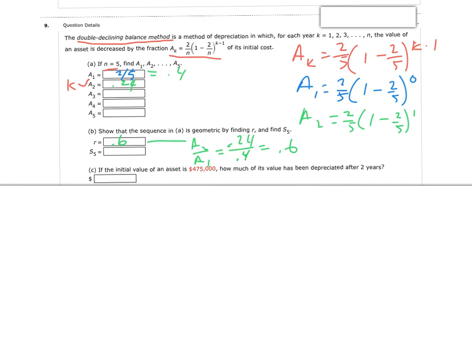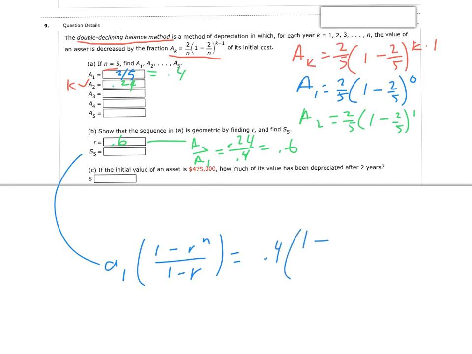And so that allows me to find the sum of the first 5 terms by using the formula we used last one, a1 times 1 minus r to the n over 1 minus r. So that would be a sub 1 is 0.4 times 1 minus 0.6 to the power of 5 over 1 minus 0.6.